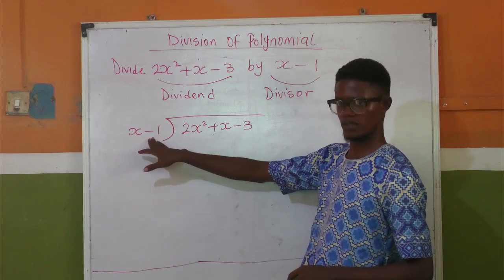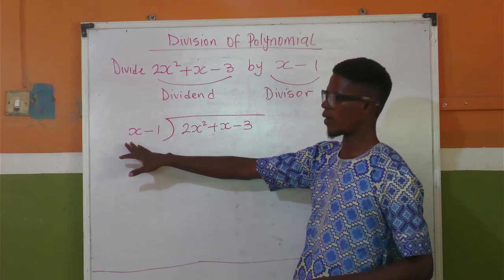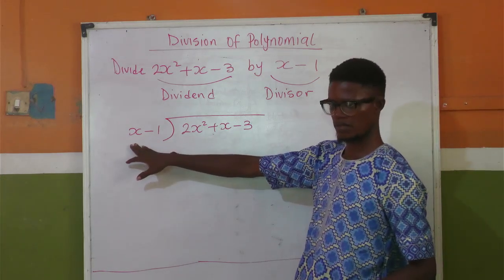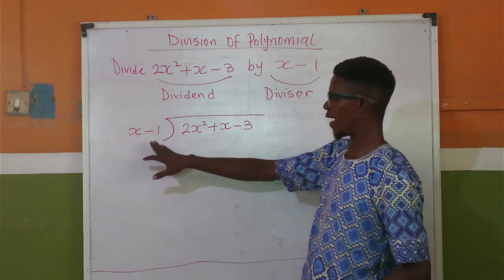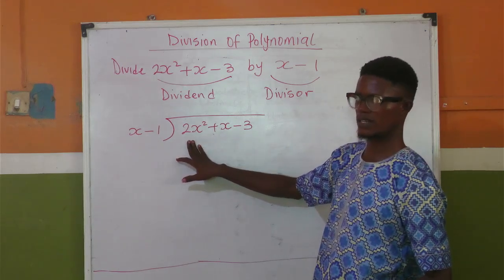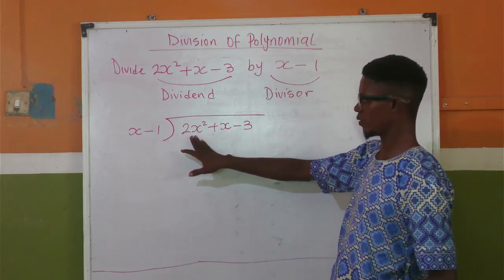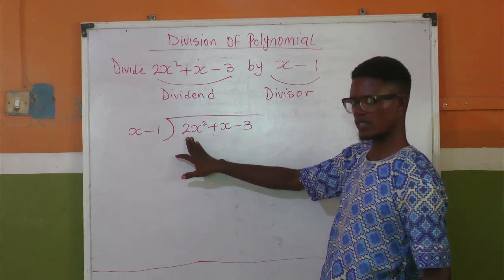Then we have x minus 1, right? But x is the first expression here. So we are going to be dividing everything in here by what? By x. Are you getting now? So that's how we do it.